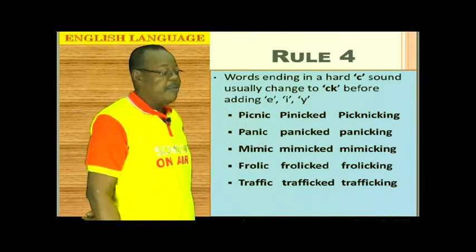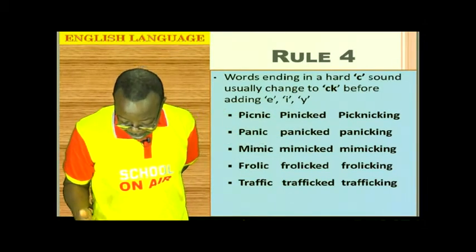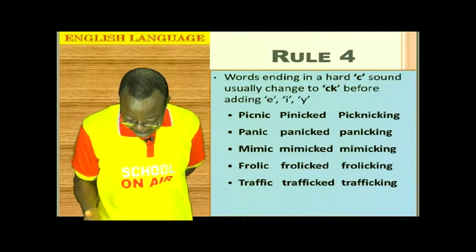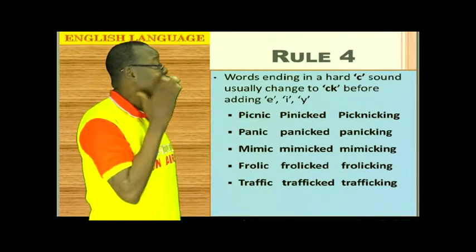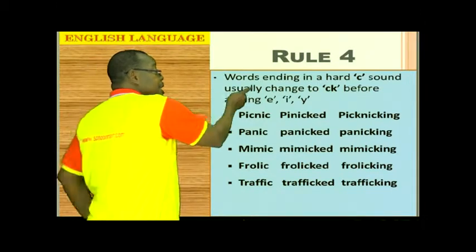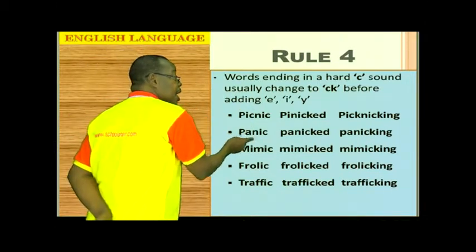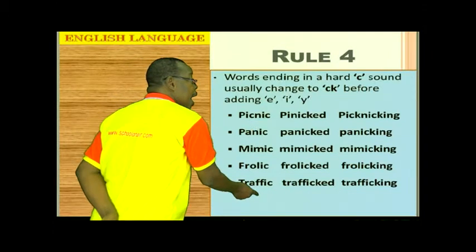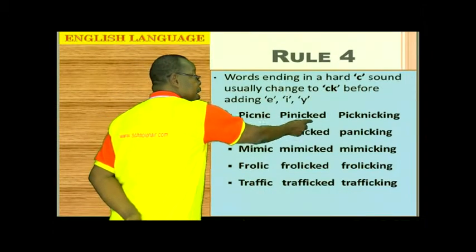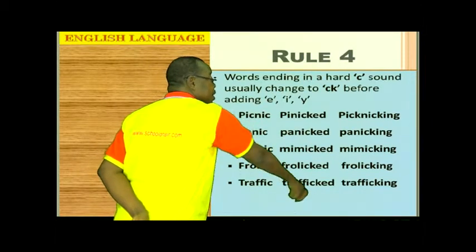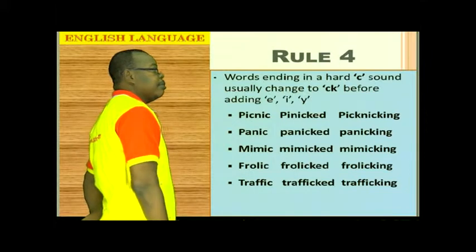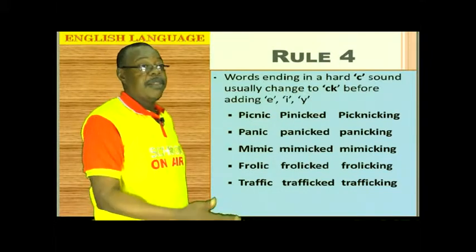And then you have the ing: picnicking, panicking, mimicking, frolicking. What I am trying to say here is that you add a k before the ed and ing endings: ked, ked, ked, king. These are things you have to look at.